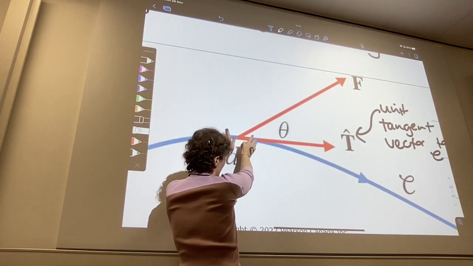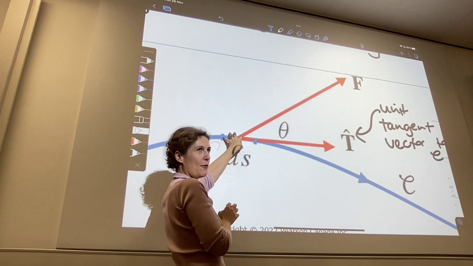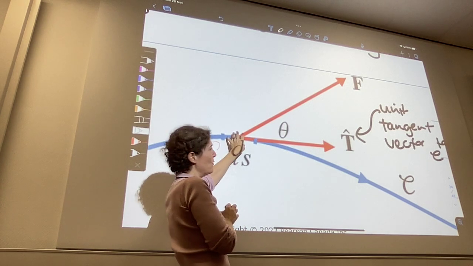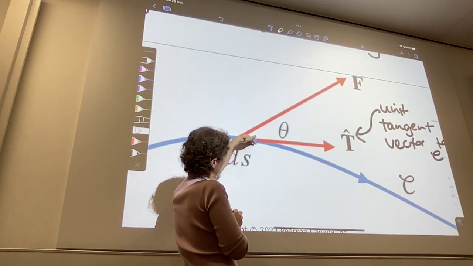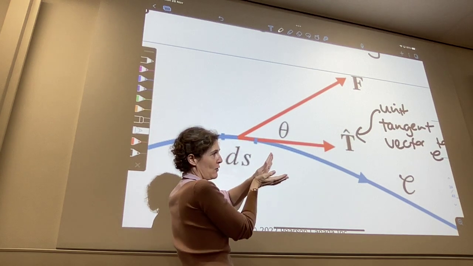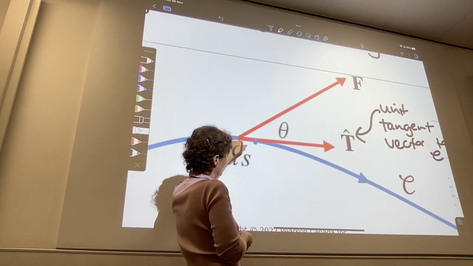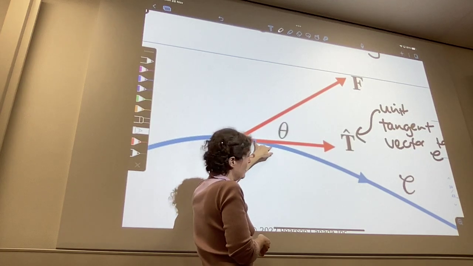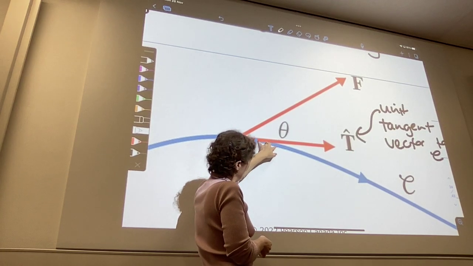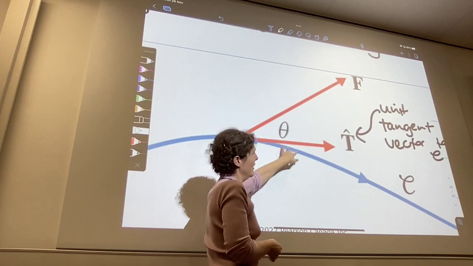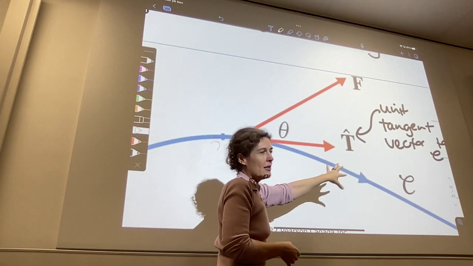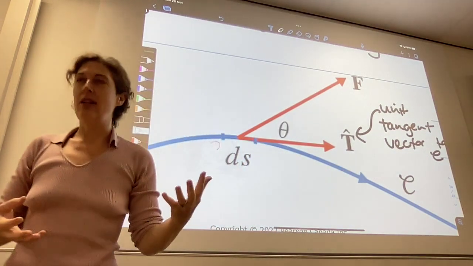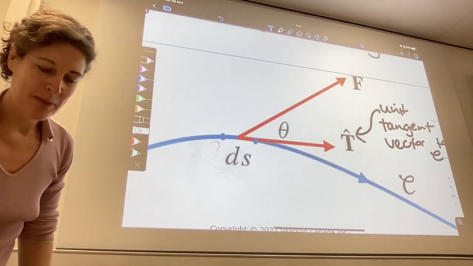And then along this tiny bit, we can kind of use F dot D. But it's really the tangential component of our force times that distance. And then we do it for the next little one, where our force has changed again, so we'd find a new thing and add them all up. And this is beginning to sound a lot like finding an integral.